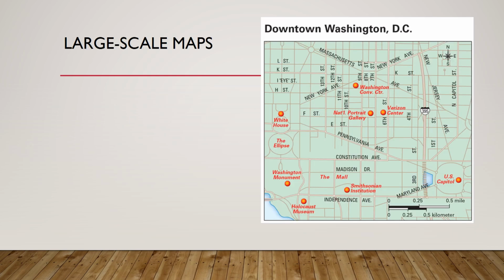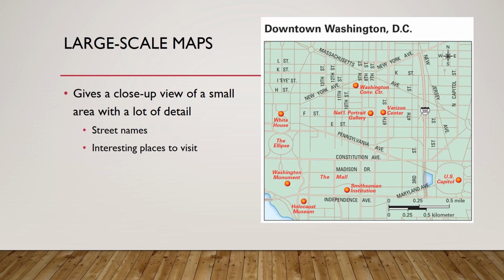So large scale maps. A large scale map gives a close-up view of a small area with a lot of detail. So they might show things like street names or interesting places to visit. You might also use large scale maps to find a store in a mall or to find a neighborhood road.